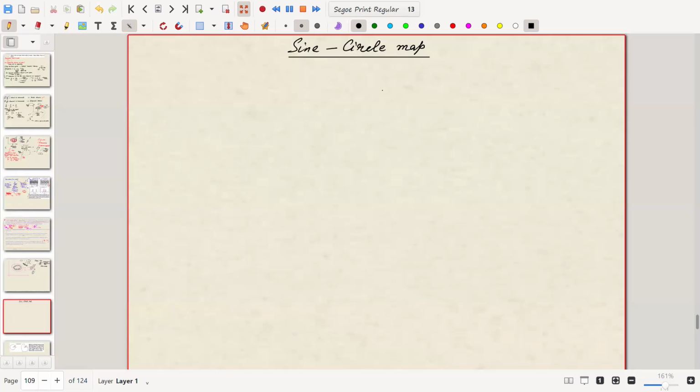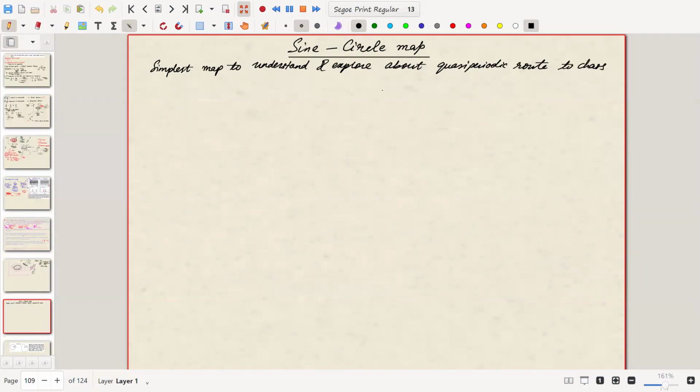It was discovered maybe around the 1950s or 1960s, but still a lot of open problems are there. So this is known as the sine circle map. It's the simplest map to understand and explore the quasi-periodic route to chaos. So therefore, we are learning it.